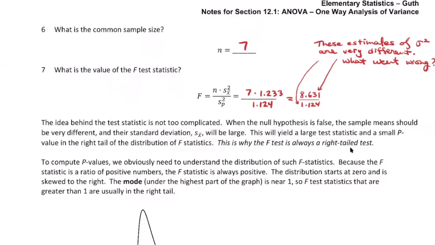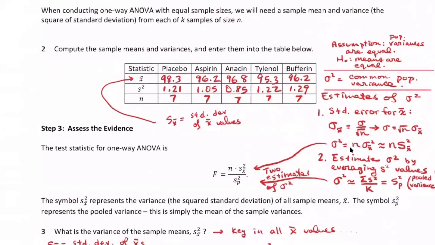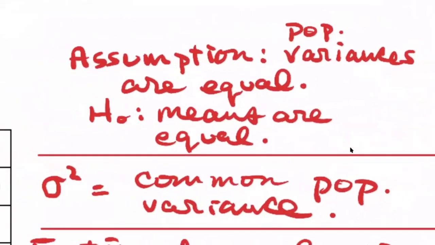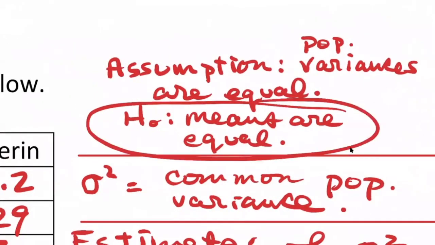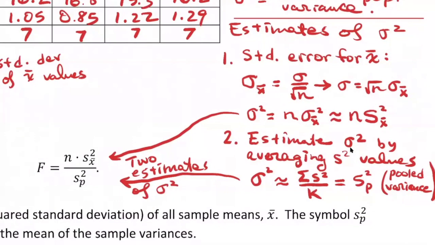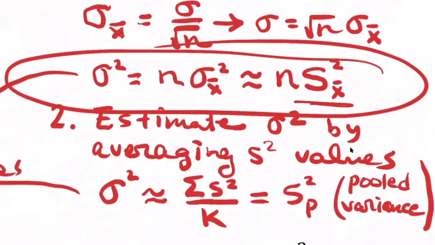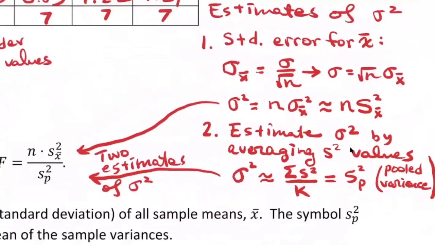The numerator has the standard deviation of the sample means. Okay, what did we assume about the sample means? Right here, we assumed that the means are all equal. Under that assumption, we came up with an estimate of the population standard deviation that involved taking the standard deviation of all the sample means, which should be similar if the population means are all equal.